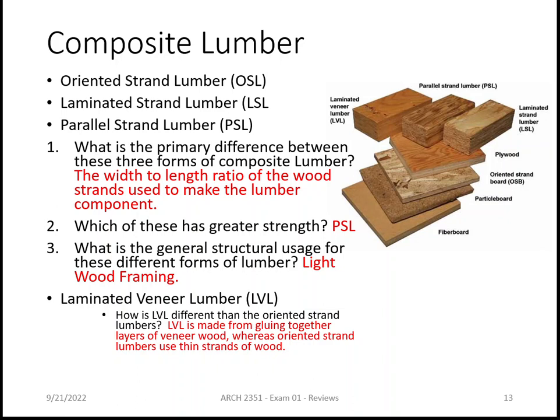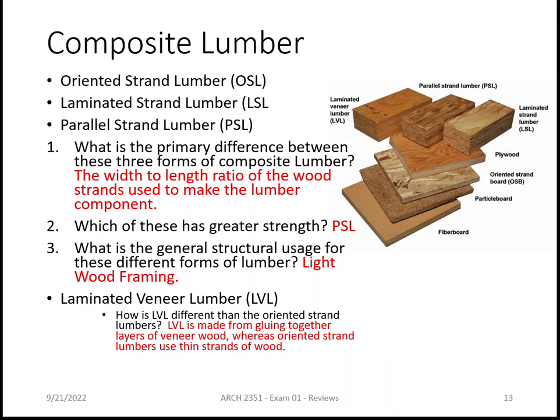What is the primary difference between the 3 forms of composite lumber? It's the width to length ratio of the wood strands, okay? So they have these strands, and it's the width to length ratio. The longer the length of strand, the more strength in the wood, okay?